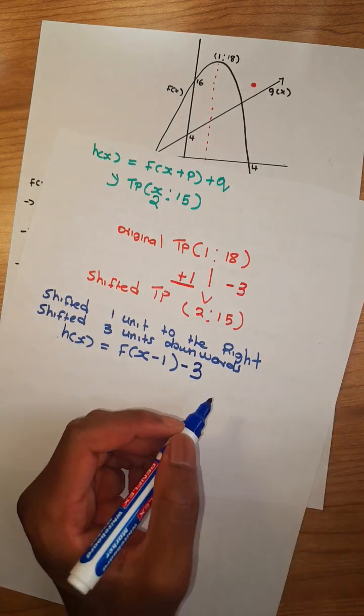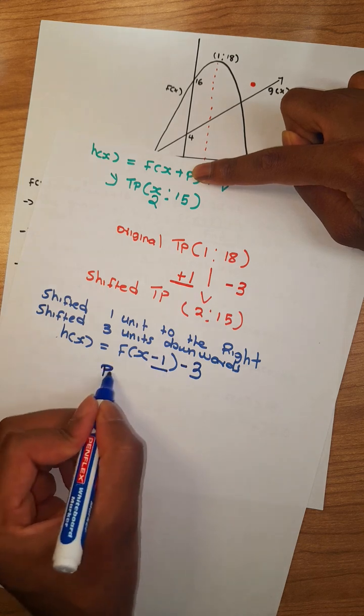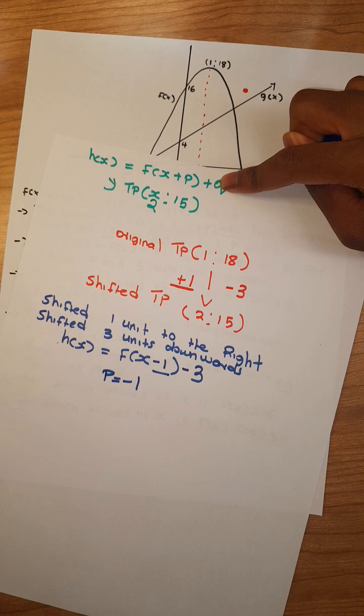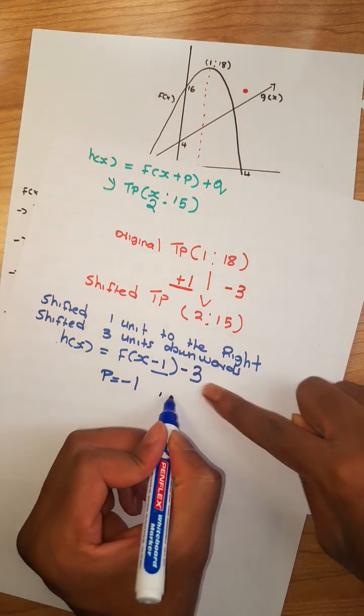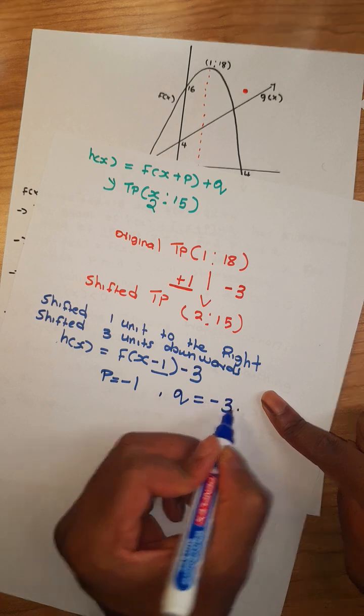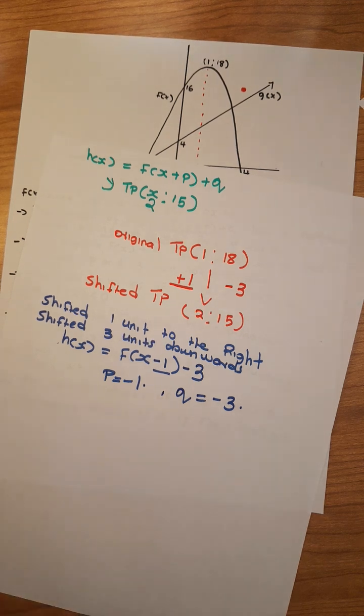So just by looking at it, where there is p, there's minus 1, so the value of p becomes minus 1. And where there is q, there's minus 3, so the value of q becomes minus 3. So that was how you were supposed to solve this question.